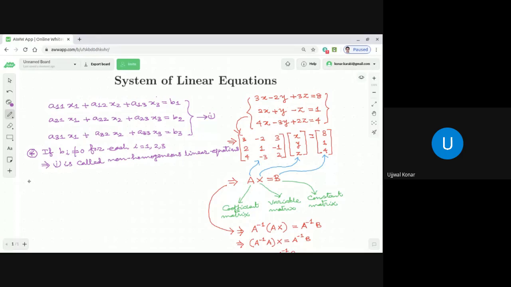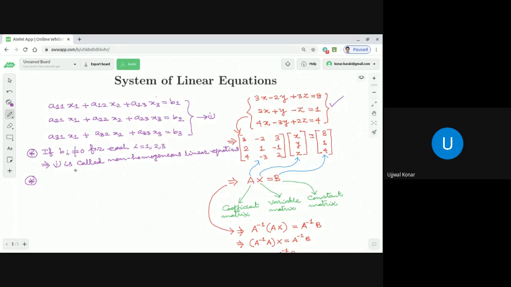Now in the second case, if we get bi equal to 0, that means on the right hand side everything we get 0. So what is an example of a non-homogeneous equation? The example is what you see here, because 8, 1, 4 are not 0. That is called a non-homogeneous linear equation.